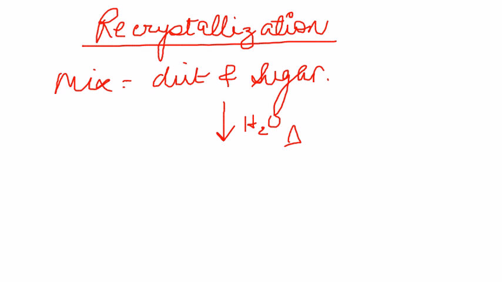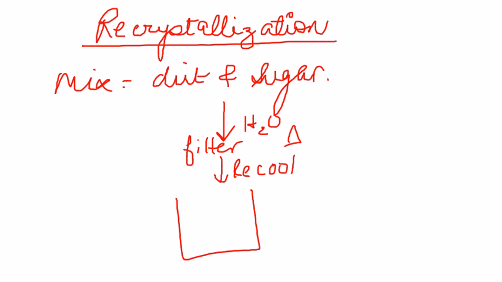And then you filter it to remove the dirt, and then recool it. And when you recool, you will see that in your vessel, sugar crystals will form. And these sugar crystals will be absolutely pure, devoid of any dirt, anything else other than sucrose. This is the concept that we are going to utilize in this lab.